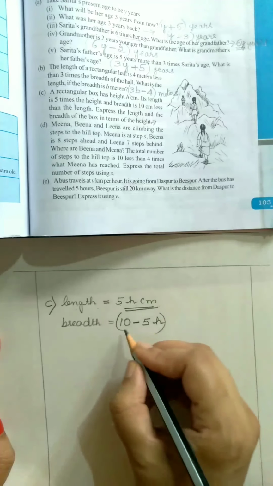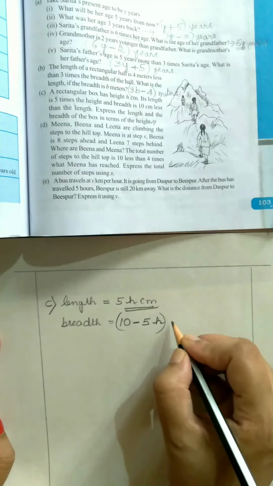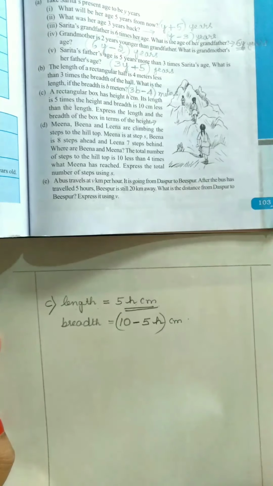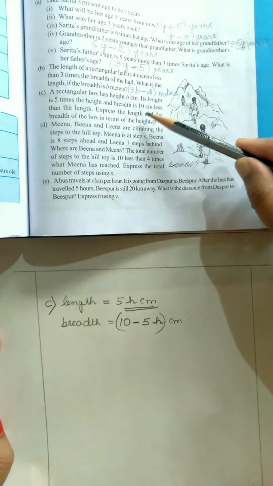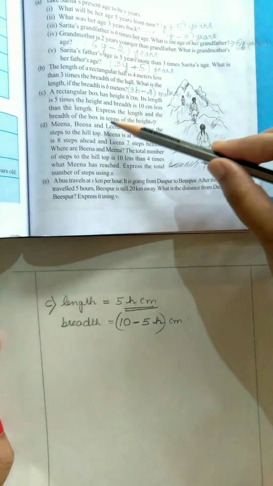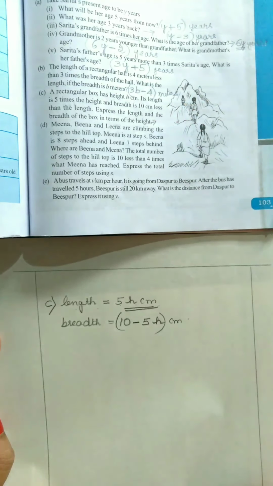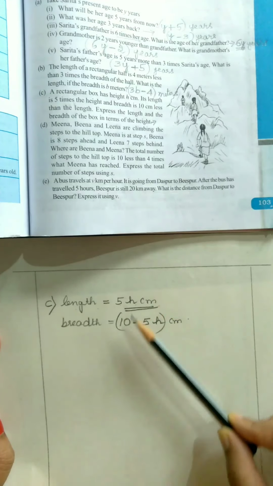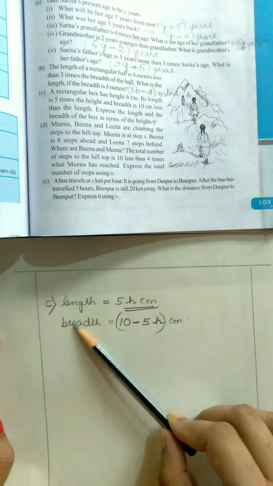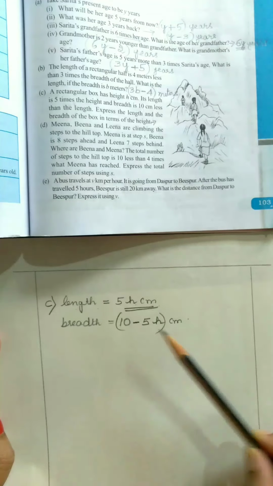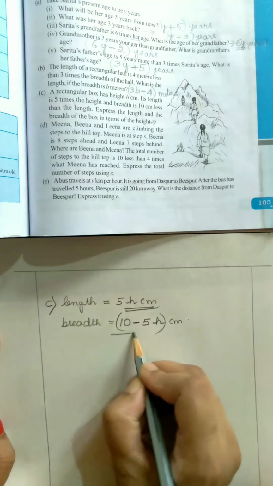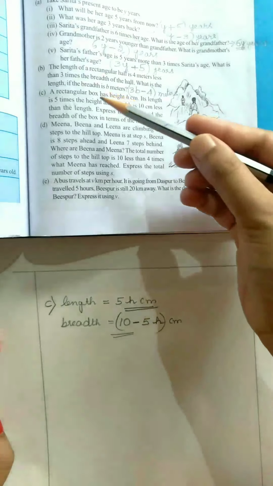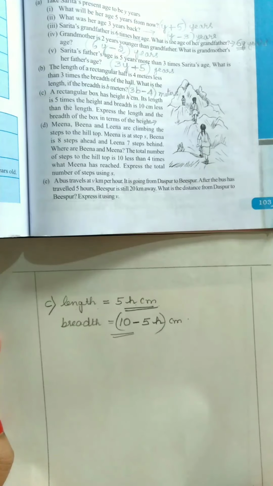Therefore, the breadth is 5h minus 10 centimeter. Therefore, when expressed the length and the breadth of the box in terms of the height, length is equal to 5h centimeter, where h is the height, and breadth is equal to 5h minus 10 centimeter. And these are the answers for the C problem, children.